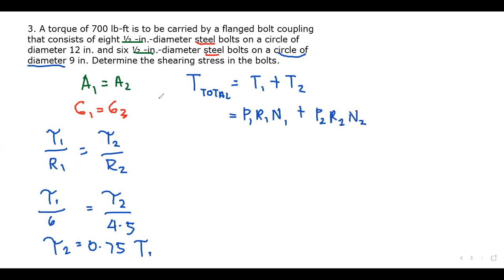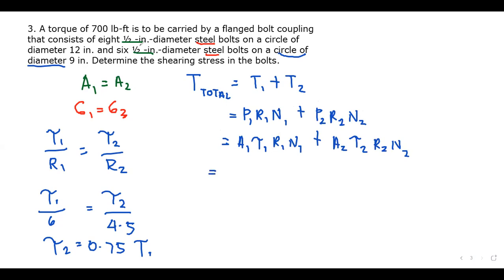So, dito guys, hindi natin pwedeng i-apply to. So, kailangan natin siyang isama sa formula. So, magiging A1, tau 1, R1, N1, plus A2, tau 2, R2, N2. Okay? So, substitute na natin.